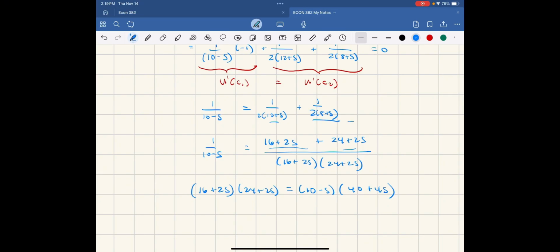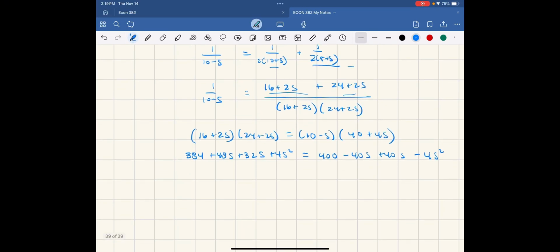Now we're going to have to solve for S. So as we solve for S, let's multiply these out. So here we get 384 plus 48S plus 32S plus 4S squared is equal to 400 minus 40S plus 40S minus 4S squared.